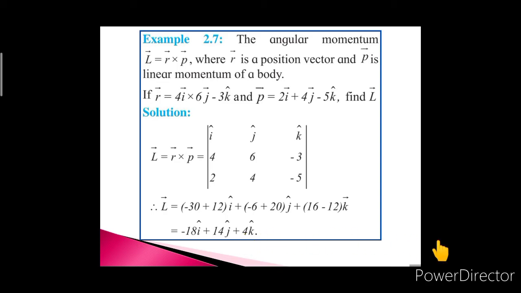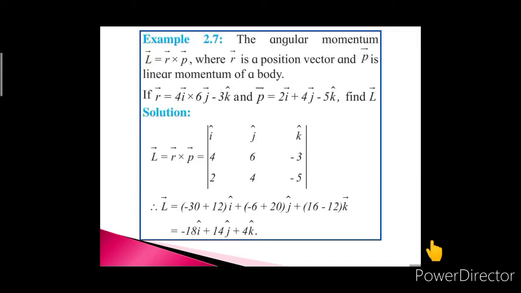So over here the angular momentum vector L, which is given as the cross product of the two vectors, that is vector r and vector p, where vector r is a position vector and vector p is the linear momentum of a body, and vector r is given as 4 i cap plus 6 j cap minus 3 k cap, and vector p is given as 2 i cap plus 4 j cap minus 5 k cap. Then the value of vector L is minus 18 i cap plus 14 j cap plus 4 k cap.